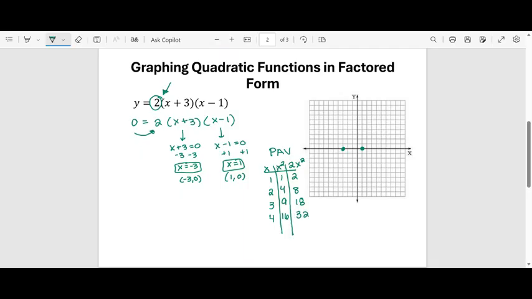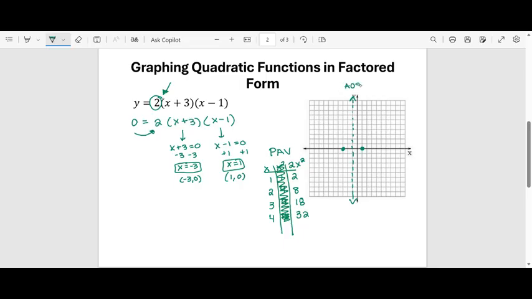So I no longer need this middle column to get my movement because I only used it to figure out what the movement from the center would be. So I'm going to draw in my axis of symmetry, and my axis of symmetry will be halfway between each of these dots. So they were 4 apart, so I would draw my axis of symmetry right in the middle, which is 2 away from each of those dots.